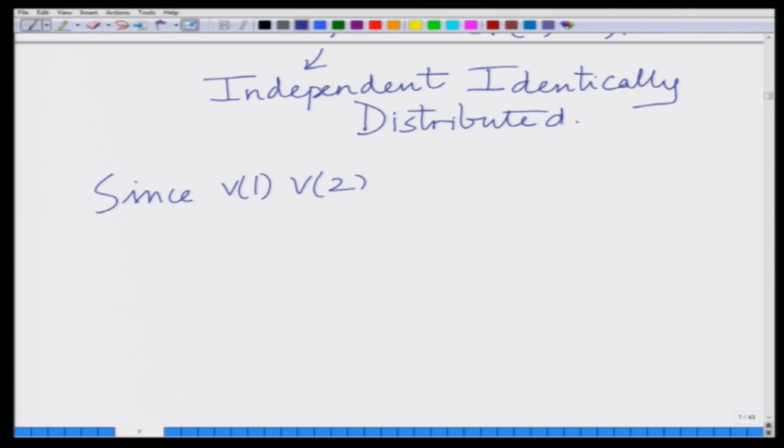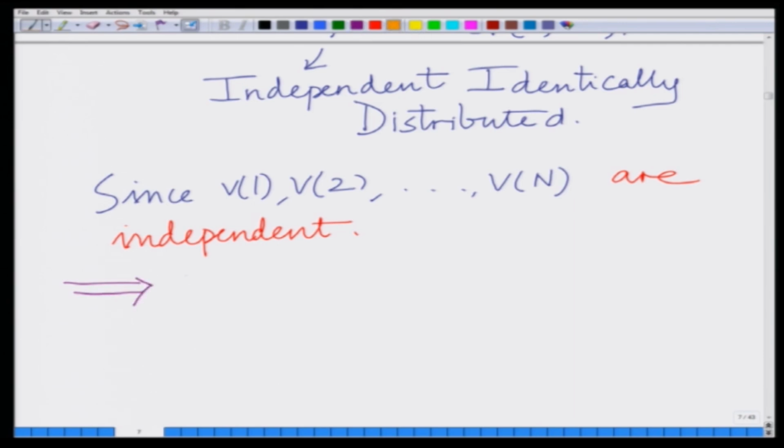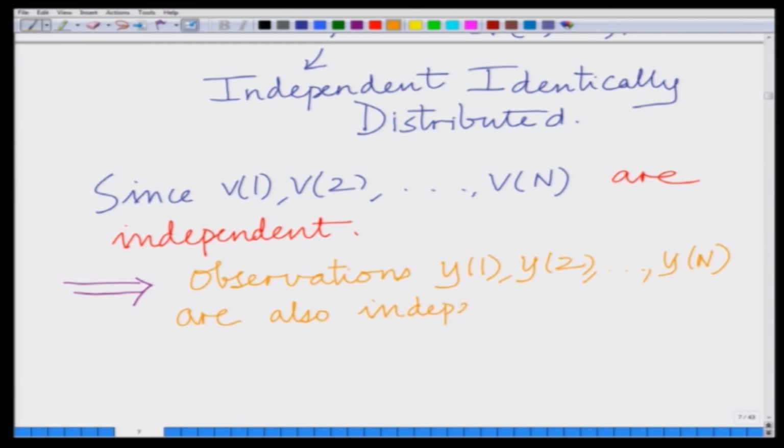Since the noise samples v1, v2 up to vn are independent, this implies that your observations y1, y2 up to yn are also independent.